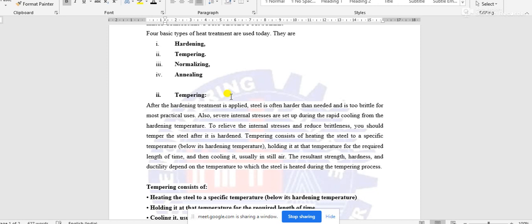For steels which are harder than the desirable properties, we apply the tempering process to make them soften.